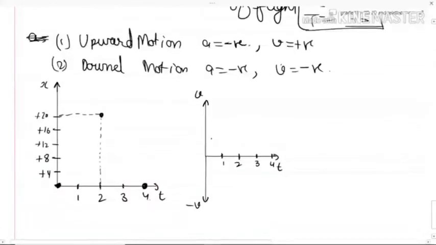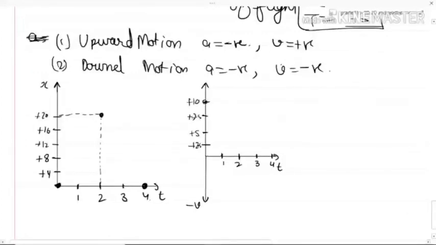So the initial velocity will be 10. Then 2.5, plus 5, plus 7.5 and plus 10.